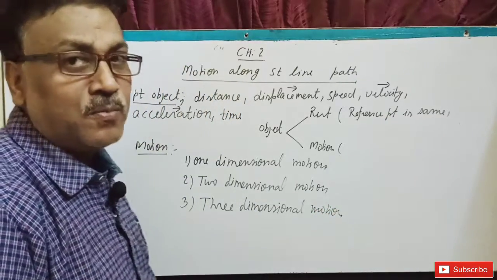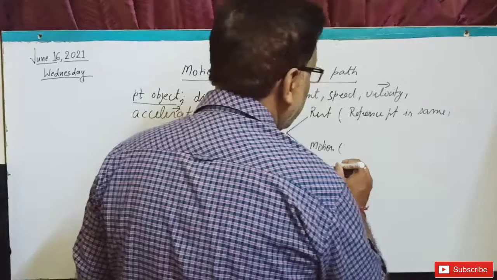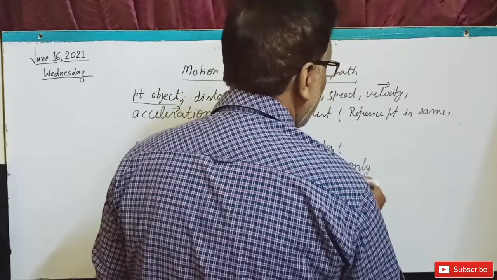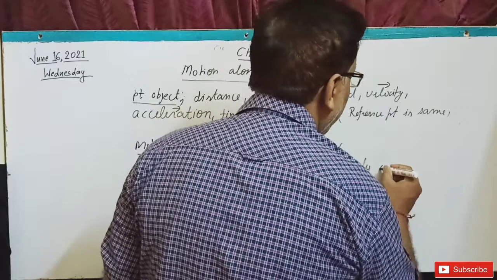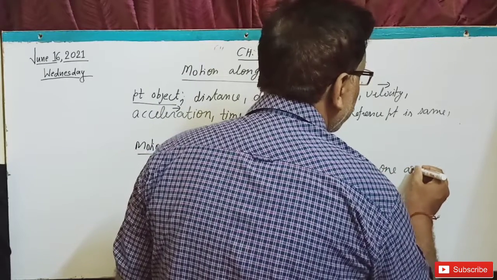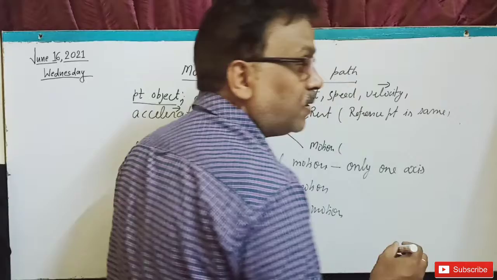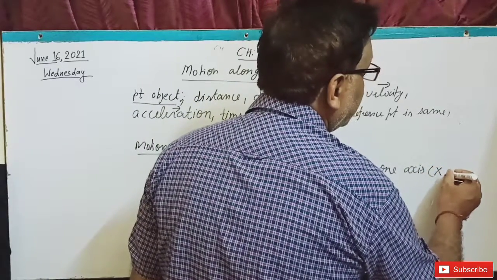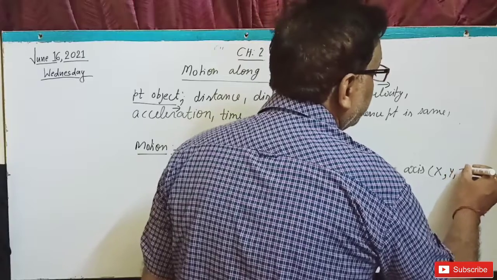One-dimensional motion needs only one axis. It may be along the x-axis or y-axis or z-axis.